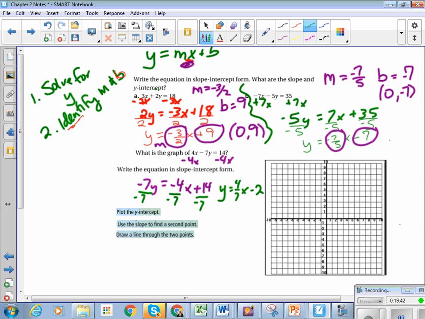So if I have 2 negatives, one for my change in vertical and one for my change in horizontal, they combine together to make a positive. And then why is this minus 2?